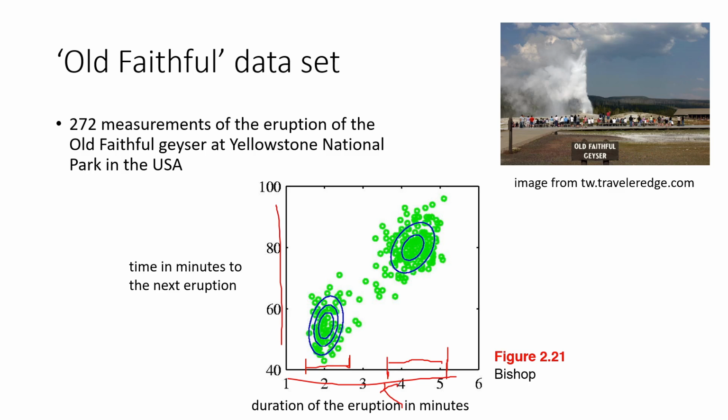And what is the data? This data is called the Old Faithful data set. There is a Yellowstone National Park in the USA, and researchers recorded 272 eruptions of the Old Faithful geyser. They found the duration of the eruption and the minutes to the next eruption, and they form this distribution.